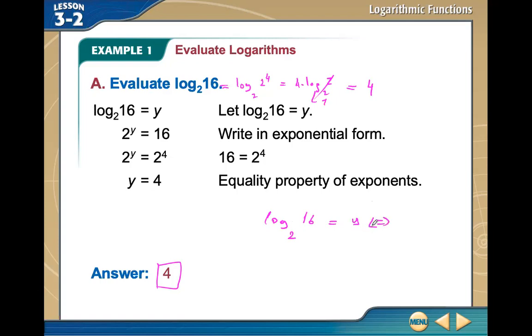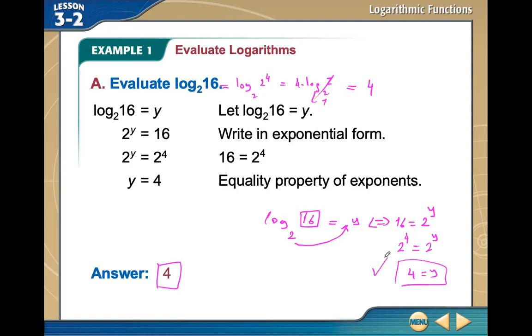Take this number, put it here directly, and think like that: 2 to the power of y. Understand? 2 to the power of y is equal to 16. So 16 means 2 to the power of 4, which is 2 to the power of y. So 4 is equal to y, finished.